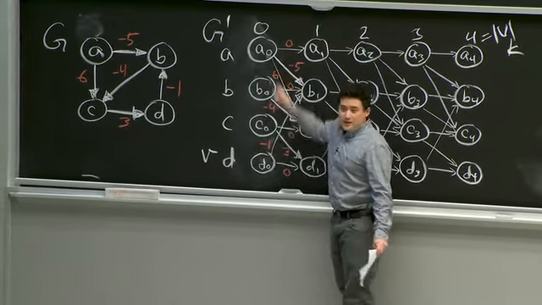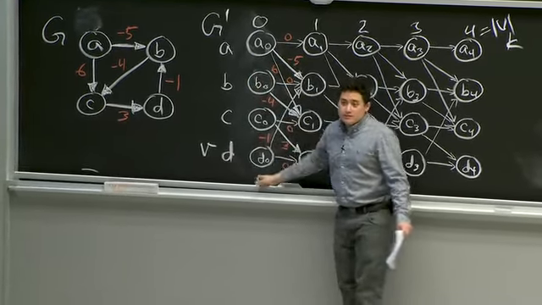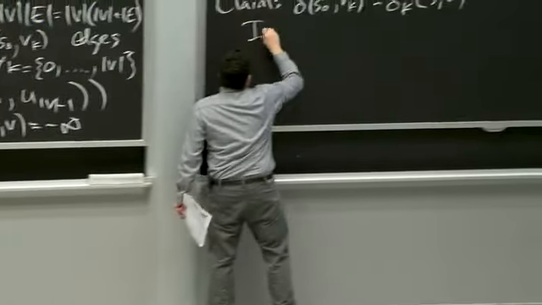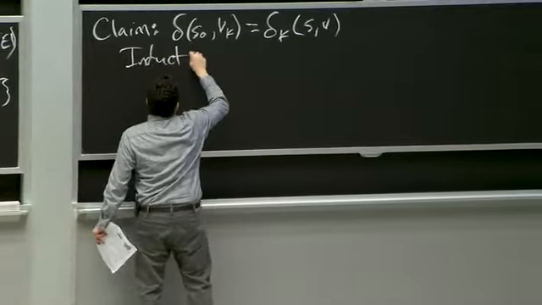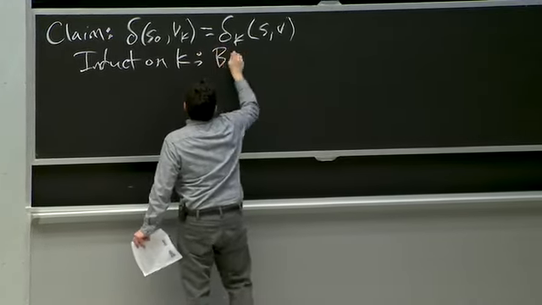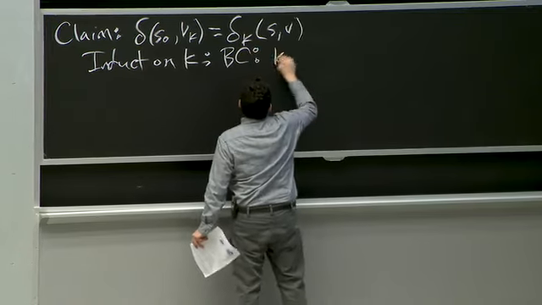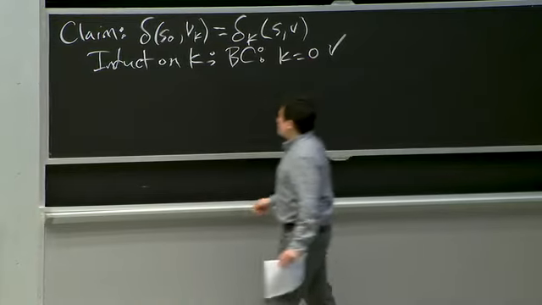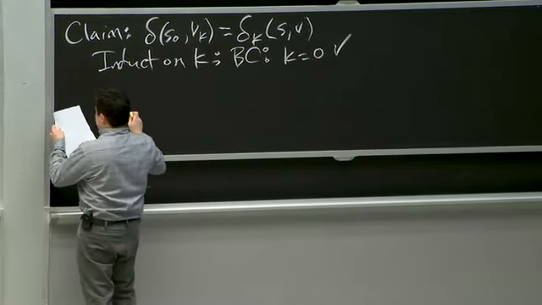These aren't reachable from here, and so these are infinite. And that one's 0. Okay? So, induct on k. Base case, k equals 0, check. That's all good.